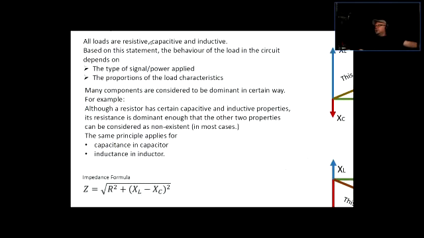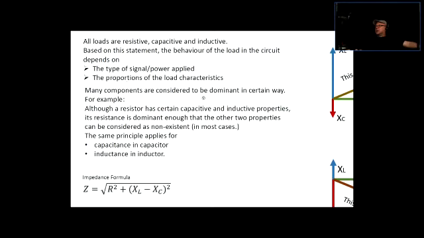All loads are resistive, capacitive, or inductive. Based on this statement, the behavior of the load in the circuit depends on the type of signal, which will be power applied, and the proportions of the load characteristics.